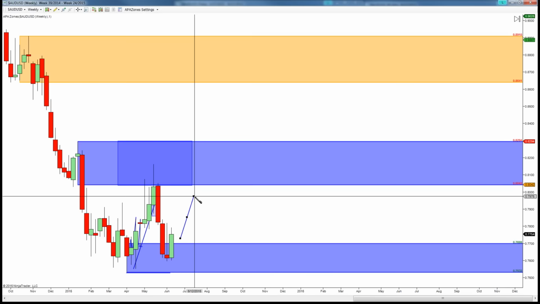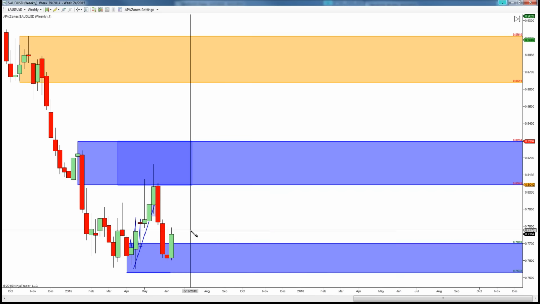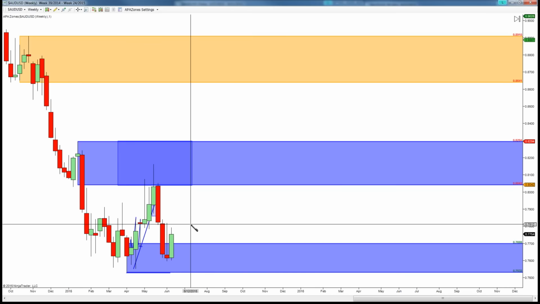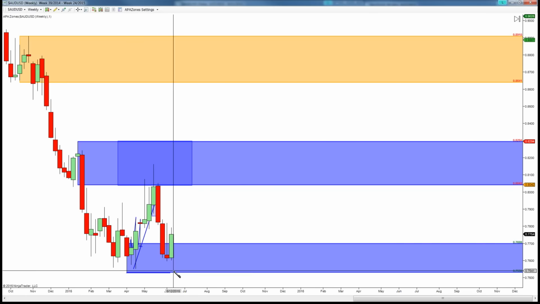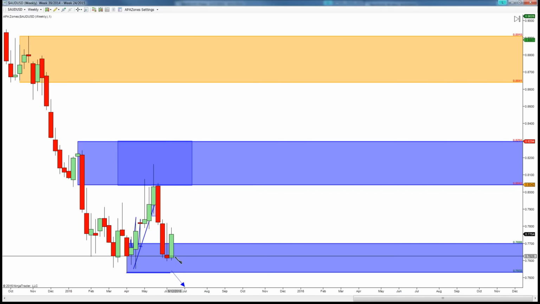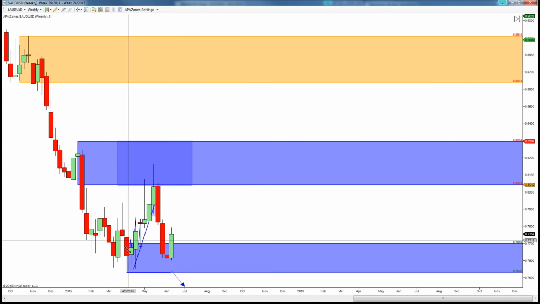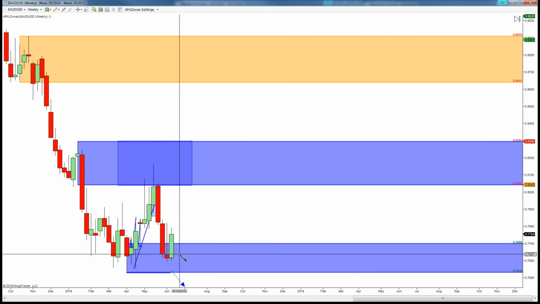Well, I like to think of it in a slightly different way, in the idea and concepts of what the market is going to do next. So if the trend is going to continue down, we could see this area of demand down here turn into an area of supply.